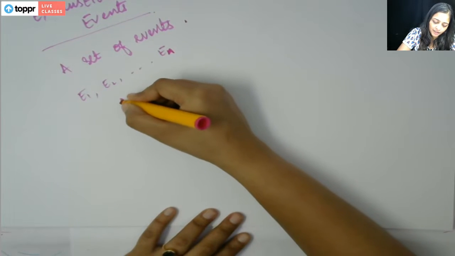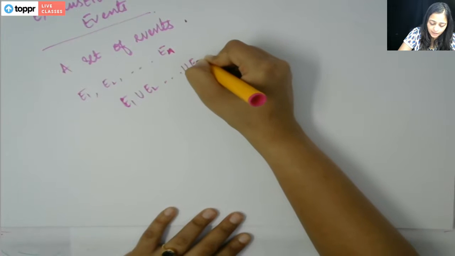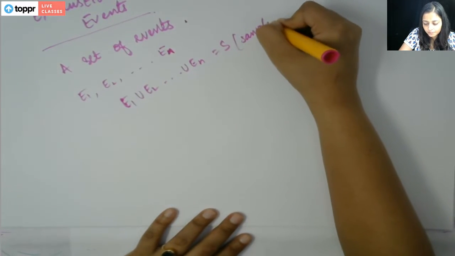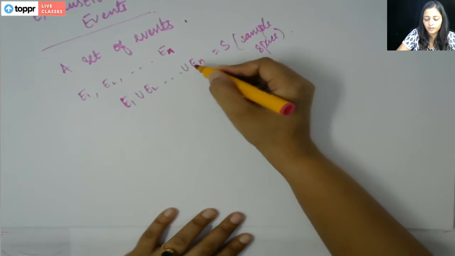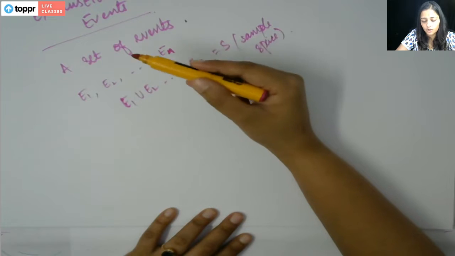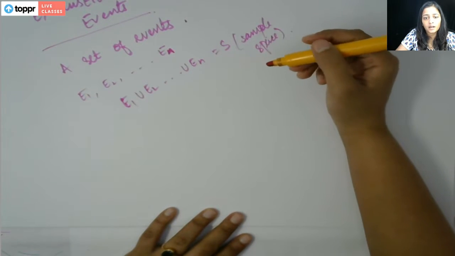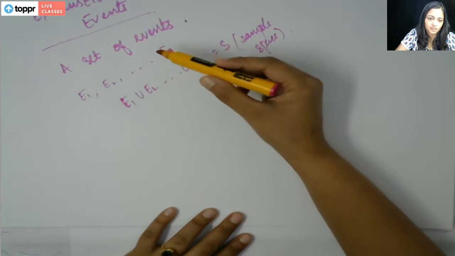If E1 union E2 union En is equal to S, the sample space, then E1, E2, En are the exhaustive events, because if the random experiment is occurring and you are getting any outcome, then it must belong to one of these sets.